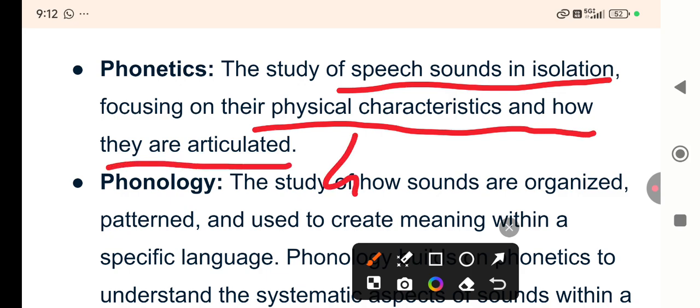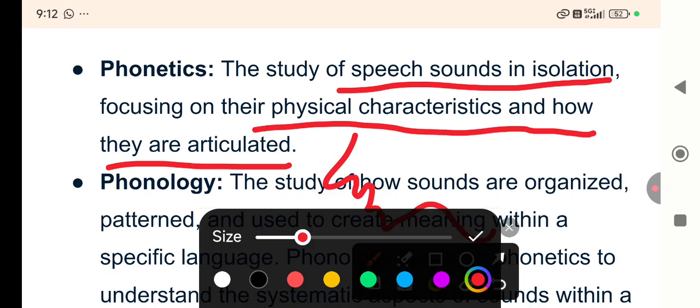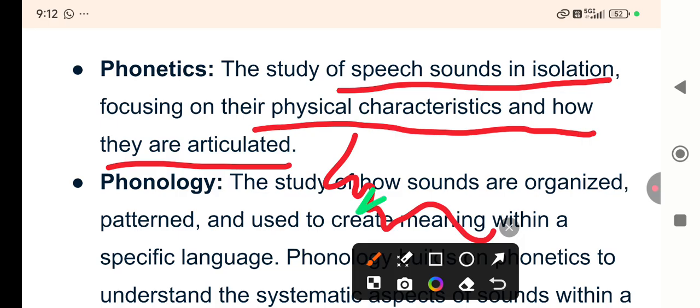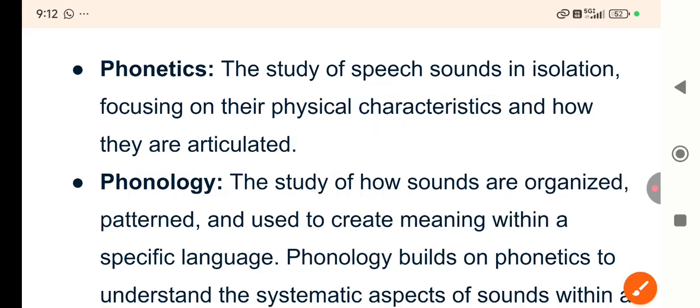I gave you an example, right? How the lips are joined in case of B. In case of F, the upper lip goes to the lower lip, and the lower lip goes inside. So this is the study of phonetics.